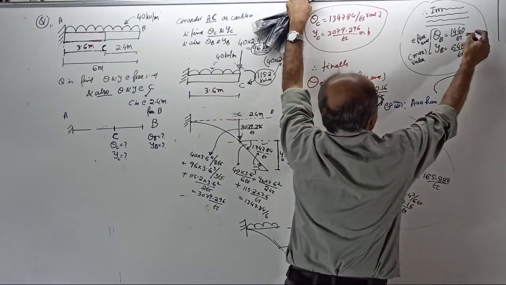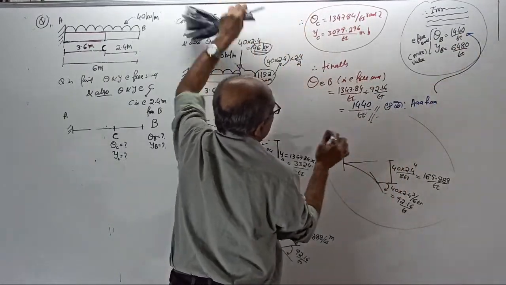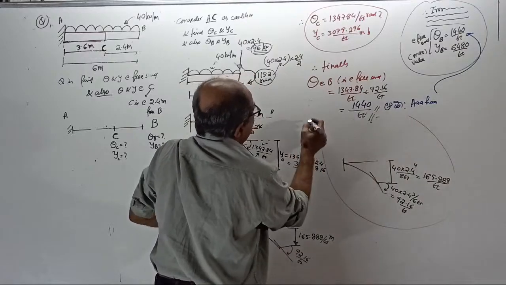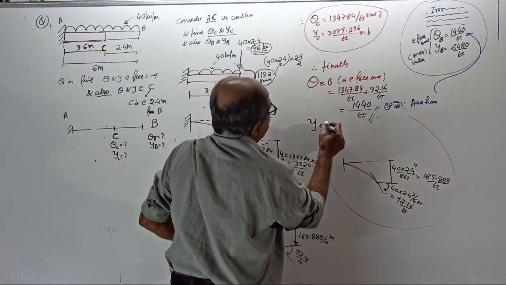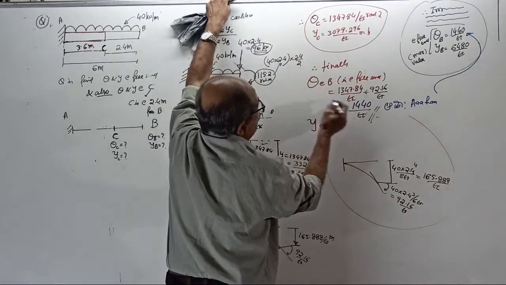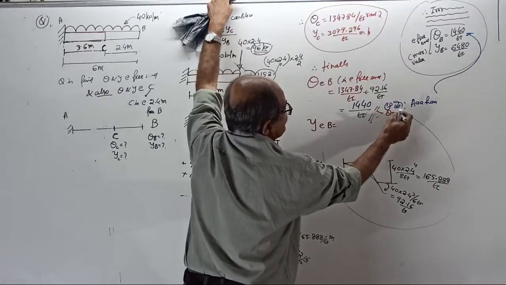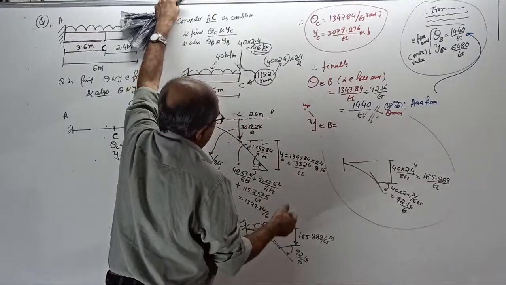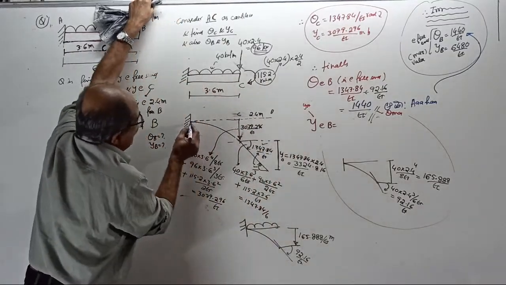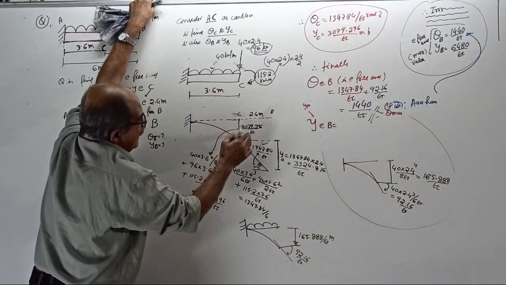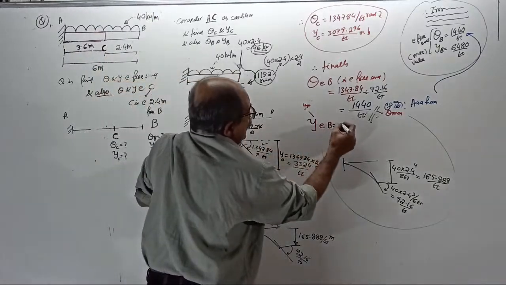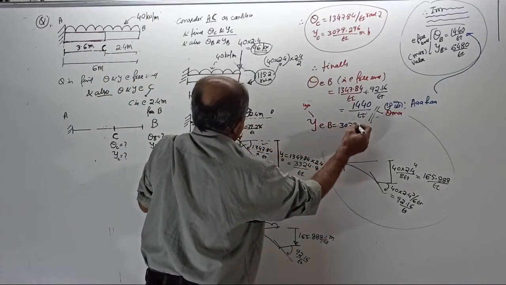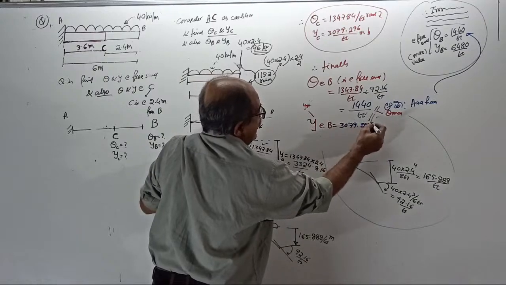Perfectly tally. And lastly, finally, deflection y at free end B. This is nothing but your y max. When you consider this bending, this came down by 3079.296 by EI.